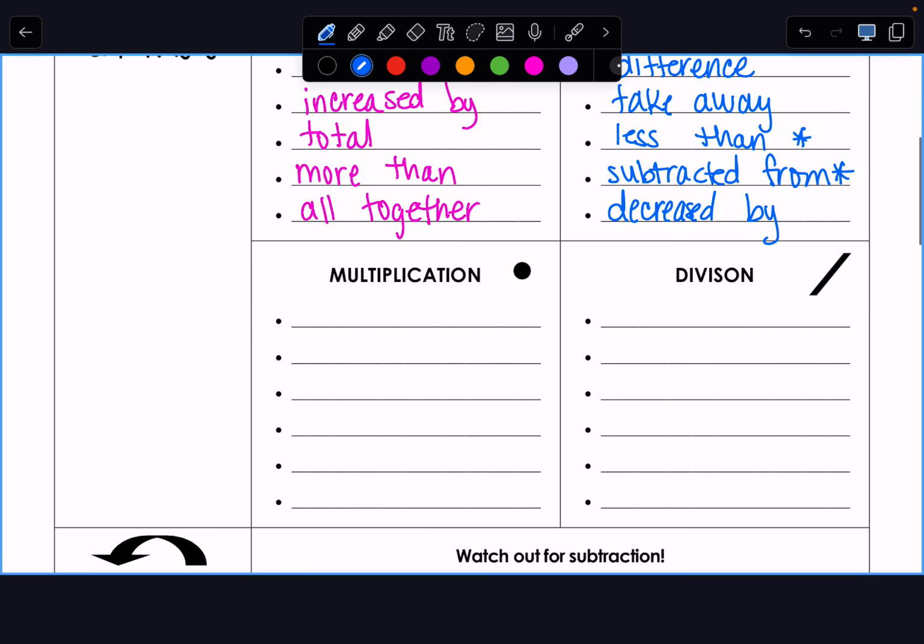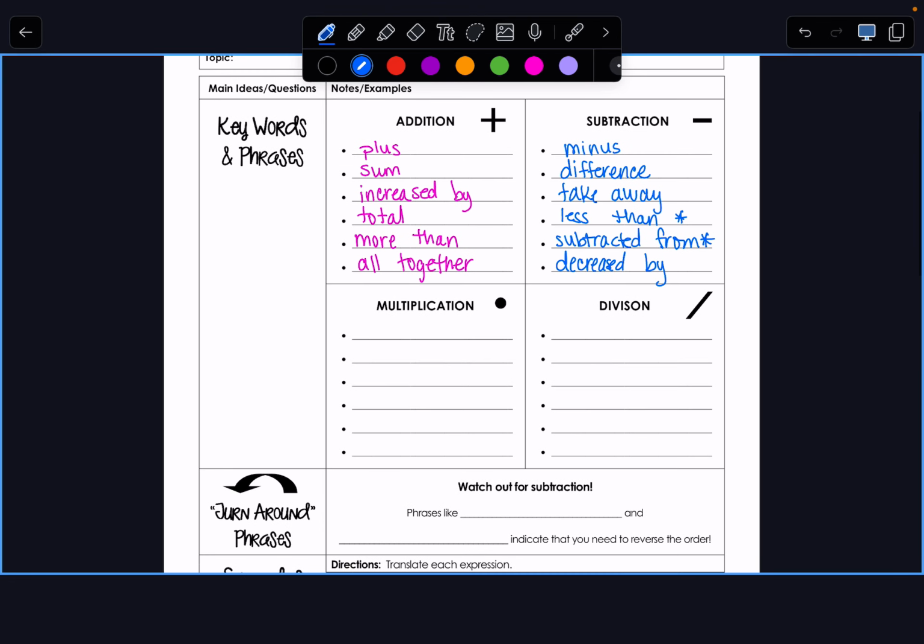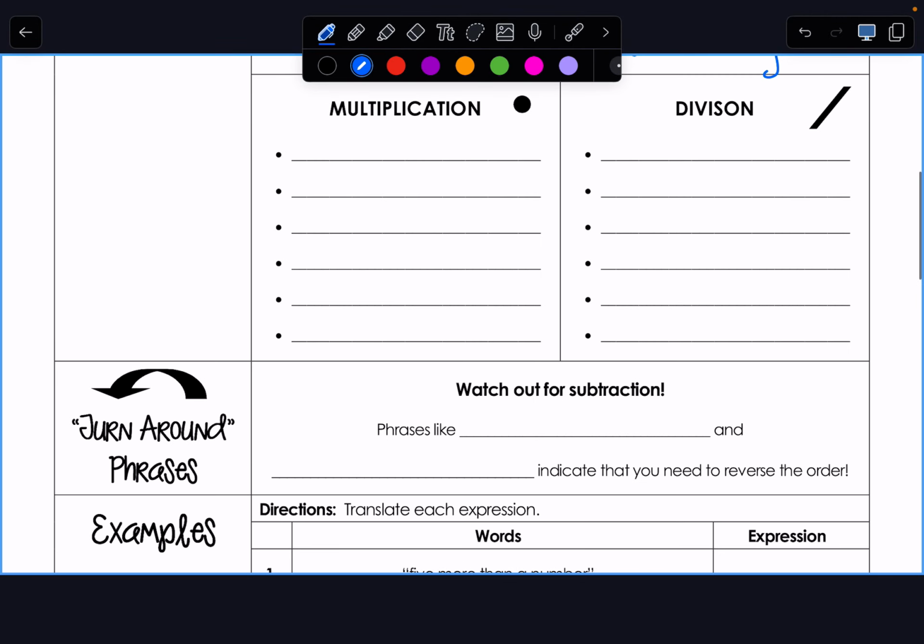I want to come down here where it says, watch out for subtraction. There's two phrases we need to be really careful with. Phrases like less than and subtracted from. I want you to fill those in, and once you're done writing, I'll talk about why those are special.